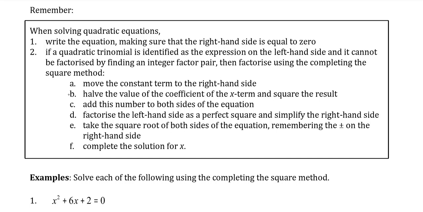We halve the value of the coefficient of x and square it. Add this number to both sides of the equation. D, factorize the left-hand side as a perfect square and simplify the right-hand side. E, take the square root of both sides of the equation, remembering that there will be a plus or minus on the right-hand side. And F will complete the solution. So those are the steps, and hopefully they'll make a lot more sense when you see them in action.